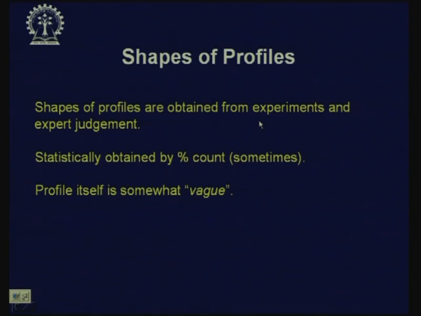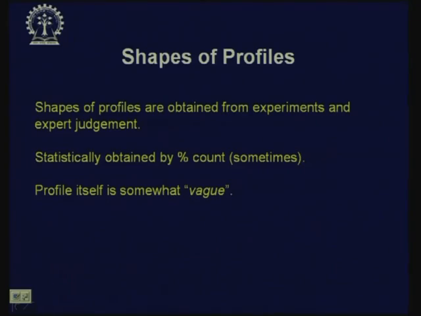Now, there are different shapes of profiles. How do we get them? Shapes of profiles are obtained from experiments and expert judgment. We sometimes carry out some statistical experiments, like I fill up a questionnaire and go to say 1000 people and say, would you consider 6 feet to be tall? Would you consider 5 feet 8 inches to be tall?